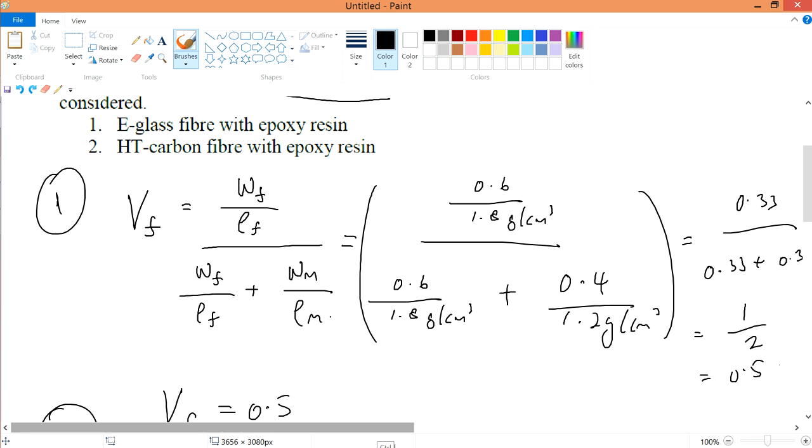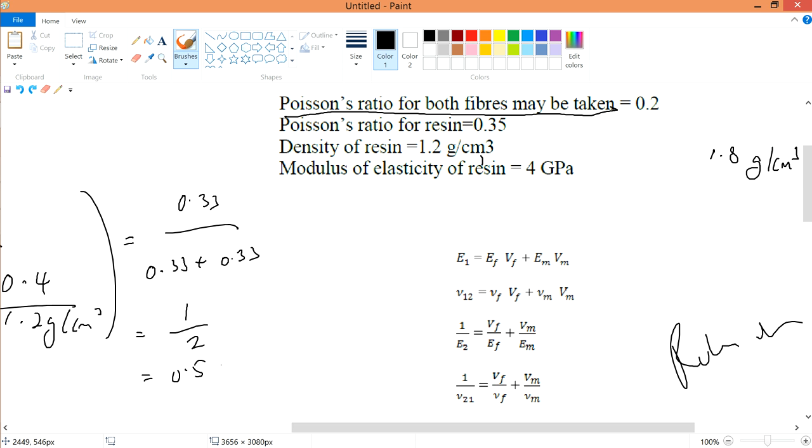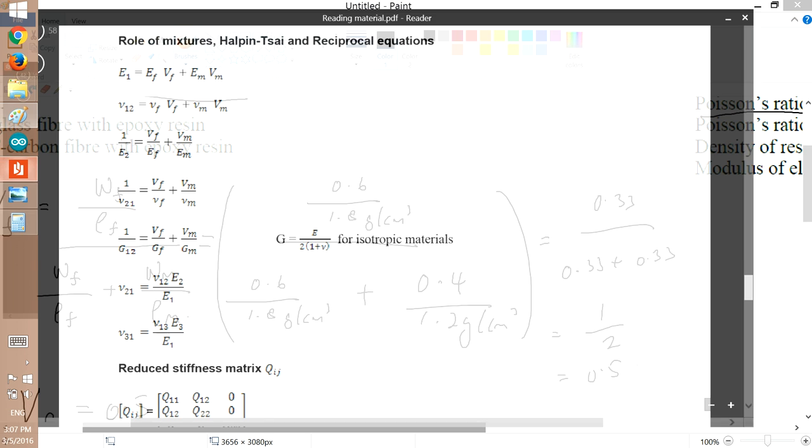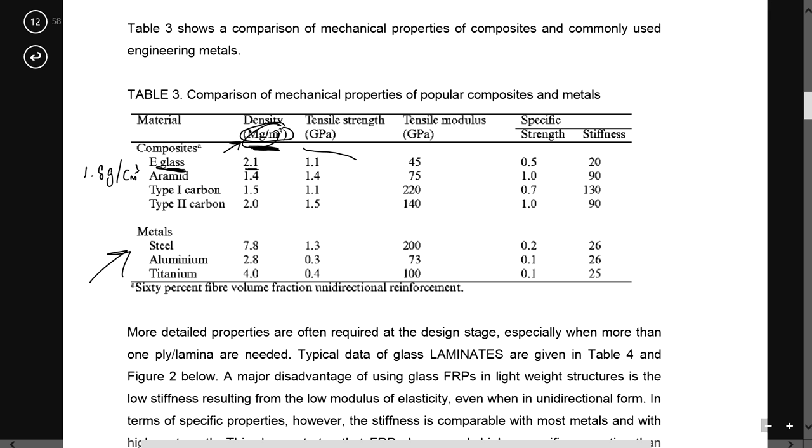The 1.2 is given to you in the exam, but for 1.8, I think you need to go and find it from the table. But take note that this is in terms of gram per cm cube. If you take a look at this table over here, it is in terms of milligram per meter cube. So you need to know how to convert it to gram per cm cube.